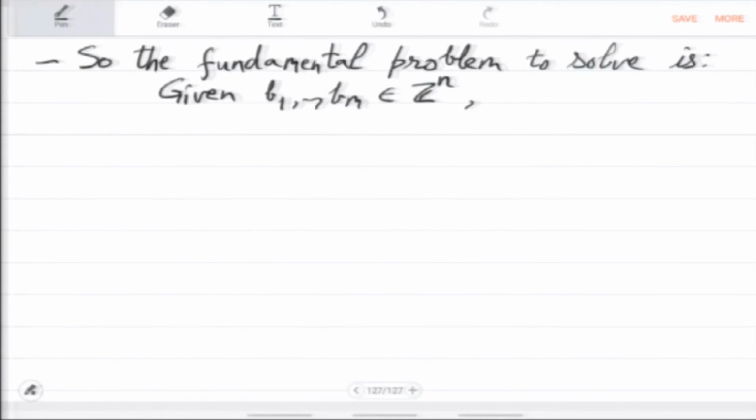But that is not the answer that you want. So, you actually want their integral combination such that the norm is small.